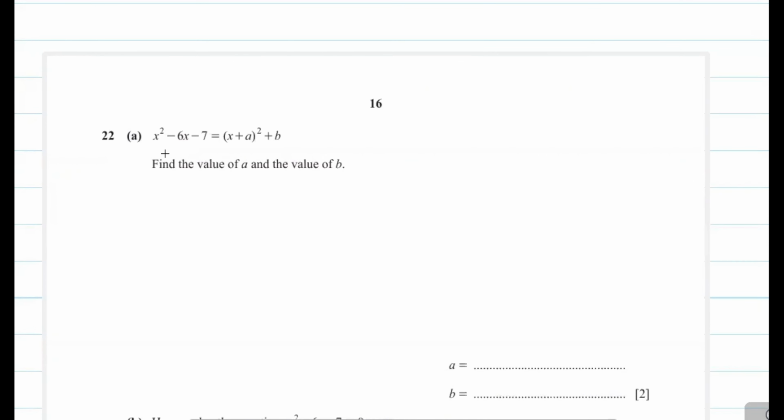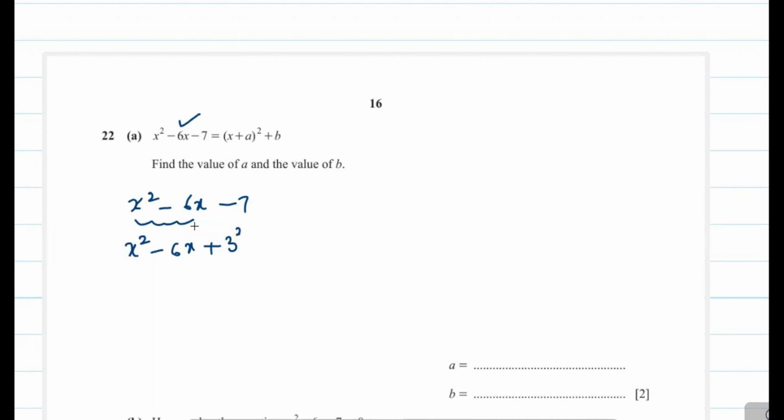Question 22, part A, x square minus 6x minus 7 equal to (x plus a) whole square plus b. Find the value of a and b. Now we convert this expression into this form. You see here x square minus 6x minus 7. Now to make the perfect square, for this expression x square minus 6x, we add plus 3 square.